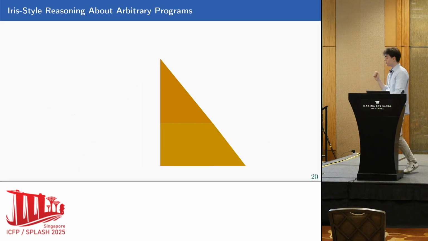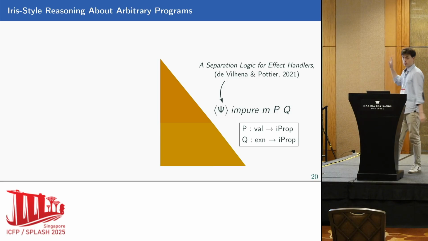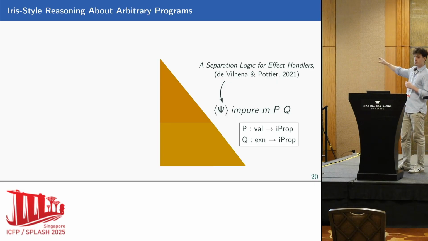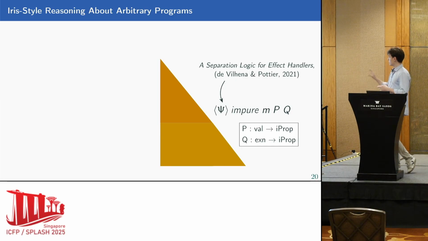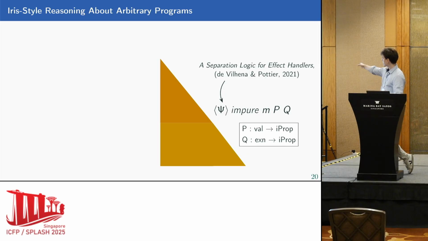On the flip side, we have an Iris-style weakest precondition that we call impure. You'll notice there's an extra parameter here. In fact, this impure is exactly the effectful weakest precondition from this previous work for reasoning about effect handlers. So I won't go into detail about how this is implemented or what the reasoning rules are. All you need to know is it's the same, lifted from that paper to our new environment. So now we're in Iris, so our postconditions are in iProp instead of Prop.